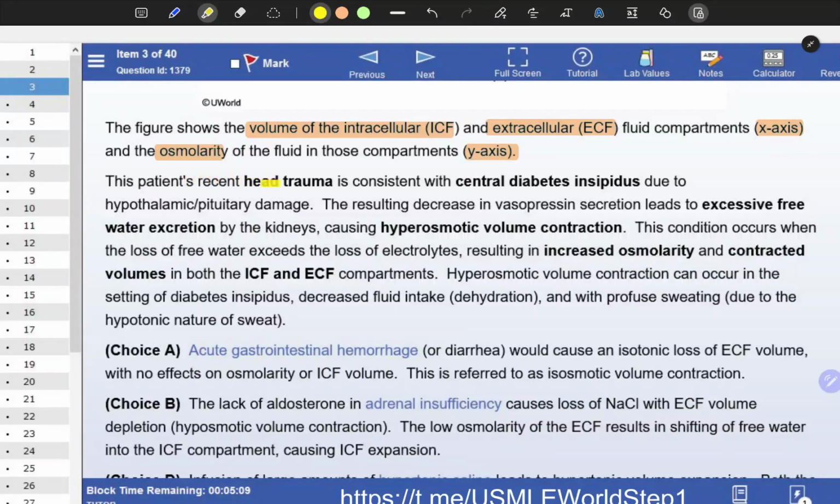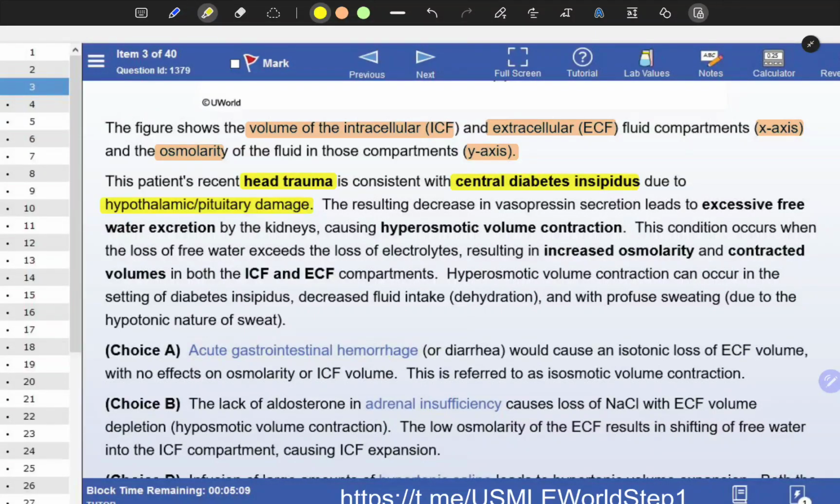The patient's recent head trauma is consistent with central diabetes insipidus due to hypothalamic or pituitary damage. In case of a motor vehicle collision, if there is any head trauma, there is a chance of getting central diabetes insipidus, because head trauma can sometimes cause hypothalamic or pituitary damage.